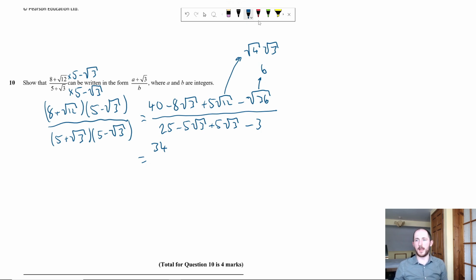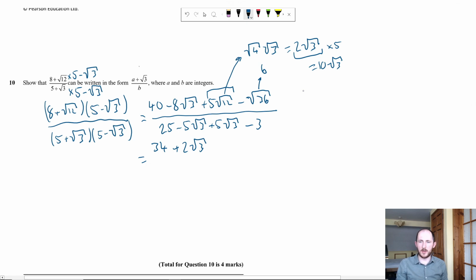So again, the way I got that is I know that one of the numbers has to be root 3. So root 3 times what gives me root 12? Root 4. And what is root 4? It's 2 root 3. So in other words, 5 root 12 is going to be 5 times bigger than this. So times it by 5, you get 10 root 3. So we have minus 8 root 3 plus 10 root 3, which is 2 root 3.